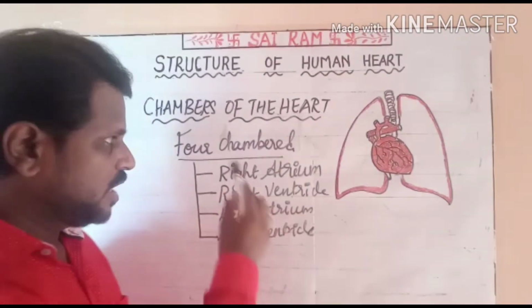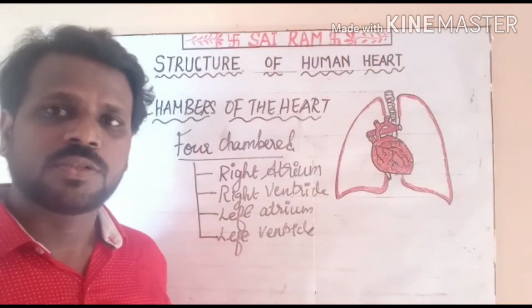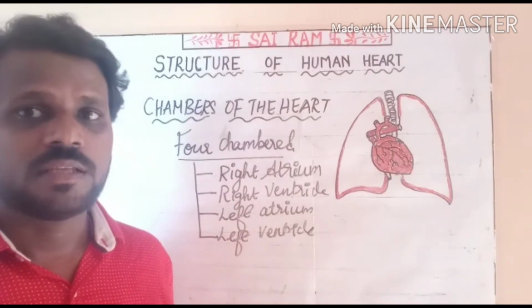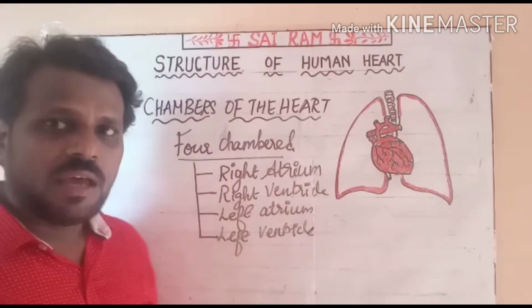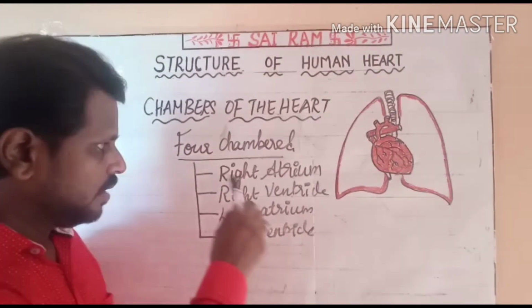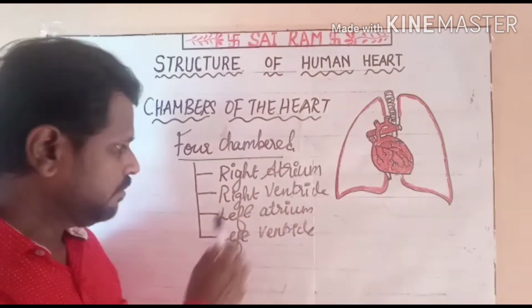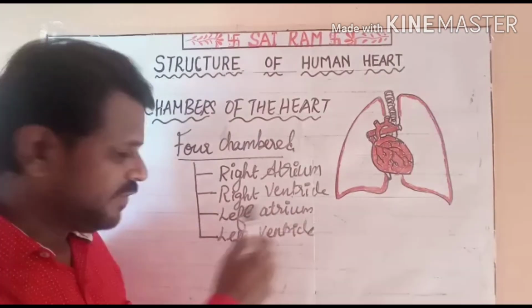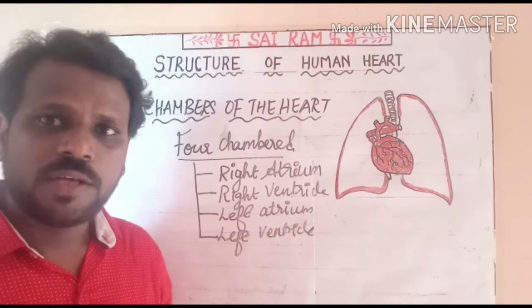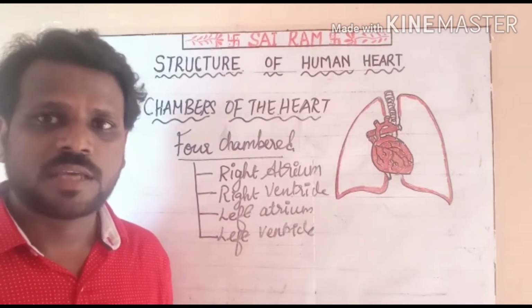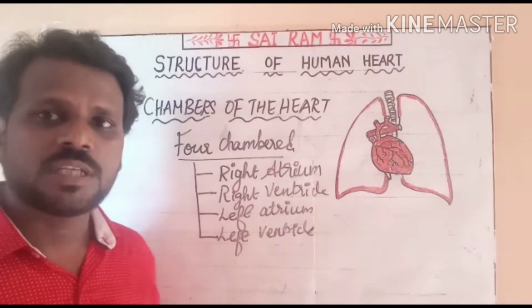Next we will learn about the chambers of the heart. It is 4 chambered in the case of human beings, 2 in the case of fishes, and 3 in the case of frogs. We have a 4 chambered heart: right atrium, right ventricle, left atrium and left ventricle. Out of these 4 chambers, only 2 are smaller in size, and the other 2 are larger.